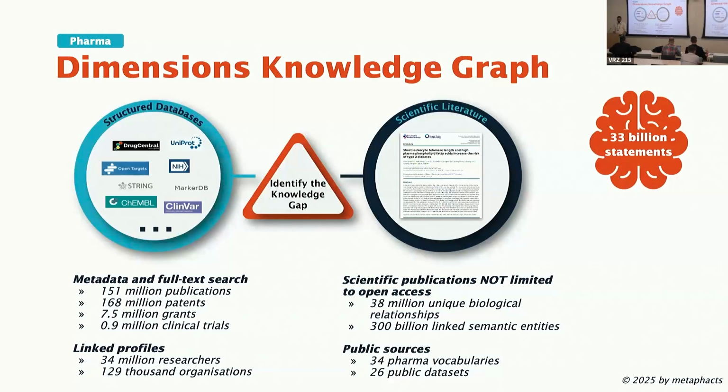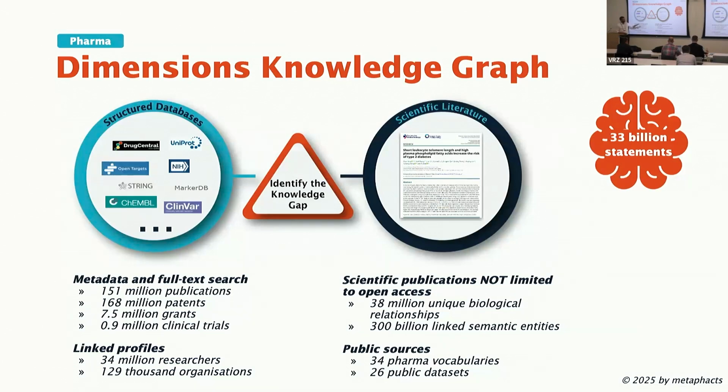I'll show you a very brief snippet into the Dimensions knowledge graph, a knowledge graph of 33 billion statements, so really big. It comprises 150 million scientific publications from our mother company, Digital Science. They developed this Dimensions product. It contains patents, grants, clinical trials, researchers, organizations.